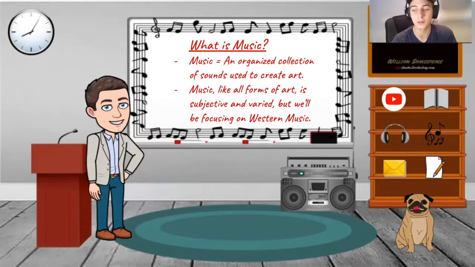So first of all, what is music? This is a complicated question. And if you ask a bunch of different musicians, you're probably going to get a bunch of slightly different answers. But the general consensus that I've found around music is that it's an organized collection of sounds used to create art. This is, like all other forms of art, subjective and varied across the globe.